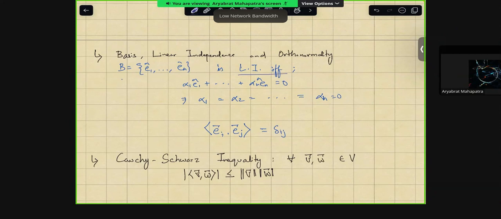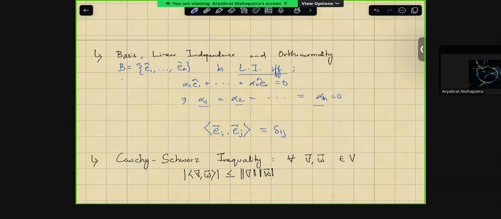If alpha 1 E1 and so on up to alpha n En, with n basis vectors, equals 0, then each of the coefficients corresponding to each basis vector has to be zero individually.